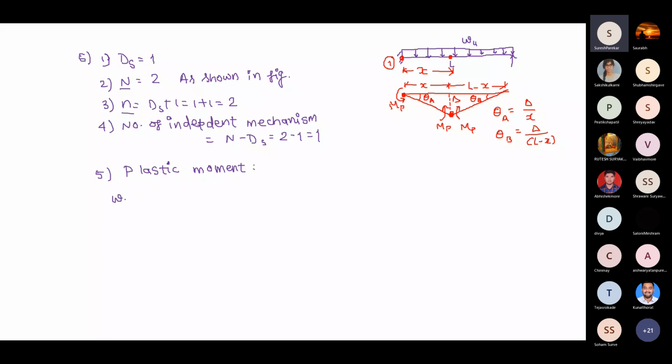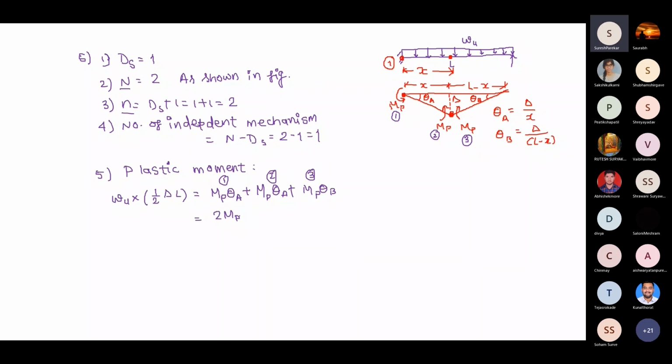So we have WU into area 1/2 delta into L. On this side I have first this MP into theta A plus second is this MP into theta A plus third is this MP into theta B. And now we will substitute the values.